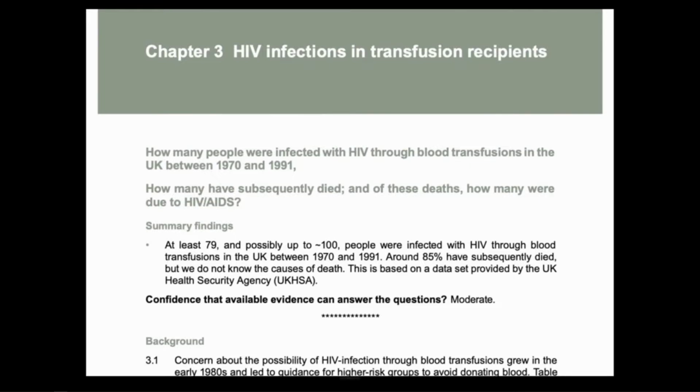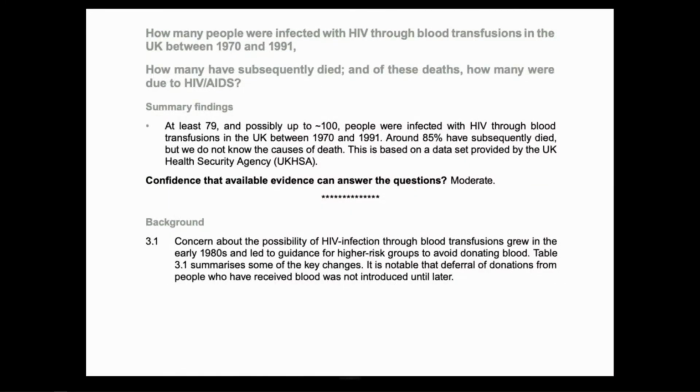And then around 85% having subsequently died. Now that's based on, as you say there, a data set provided by the UK HSA, and we've already explored what might be some of the limitations of that data set. Professor Spiegelhalter, could you perhaps just talk us through these figures here and how those have been reached?